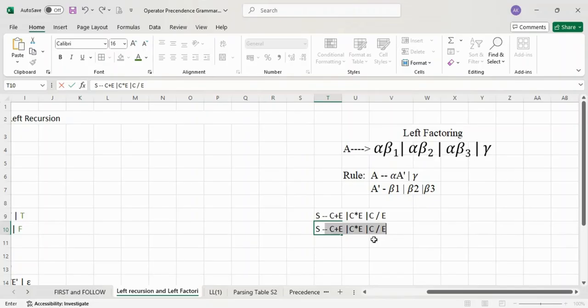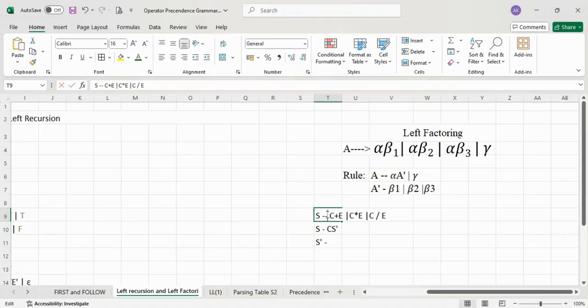Here that symbol is C, so I write C, and this C is followed by A dash. So I write S dash because I have S over here. I write S dash, and I write my gamma production. Now, do I have my gamma production? No. In this case, there is no gamma production, so nothing will be written. Then I will write my S dash, and with this S dash, I will add my beta productions.